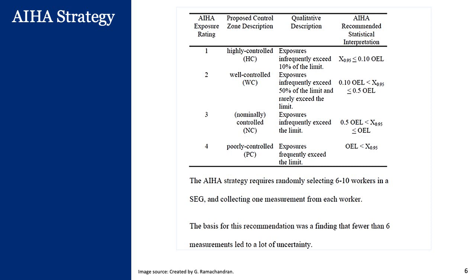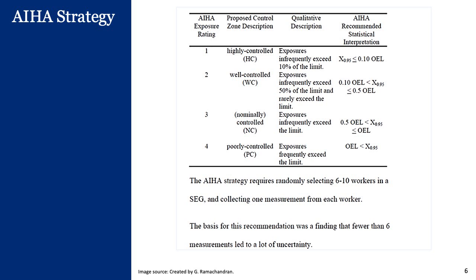Next, we'll look at the AIHA strategy. And here, as we have been discussing it at some length in previous lectures, the strategy requires selecting 6 to 10 workers in an SEG and collecting one measurement from each worker. And the basis for this recommendation is a finding that fewer than 6 measurements led to a lot of uncertainty.